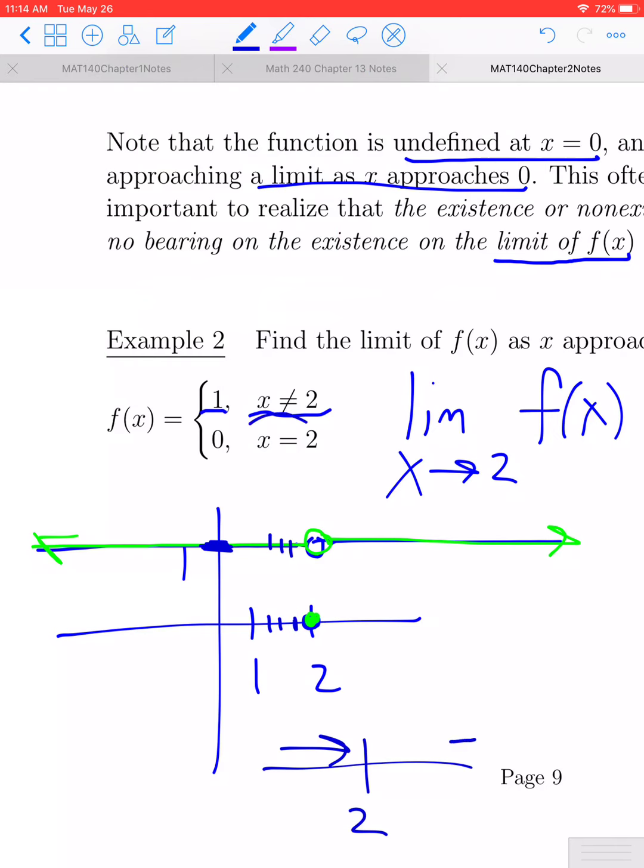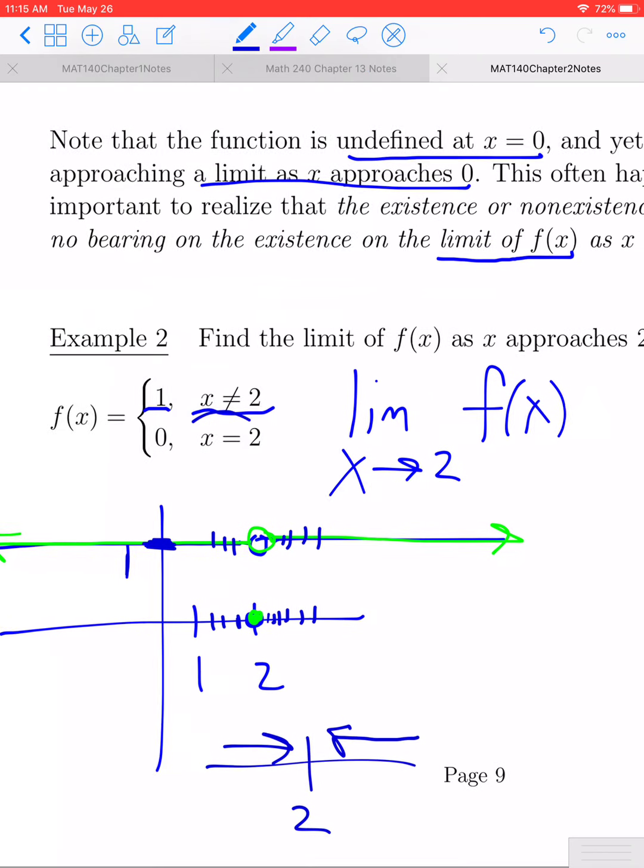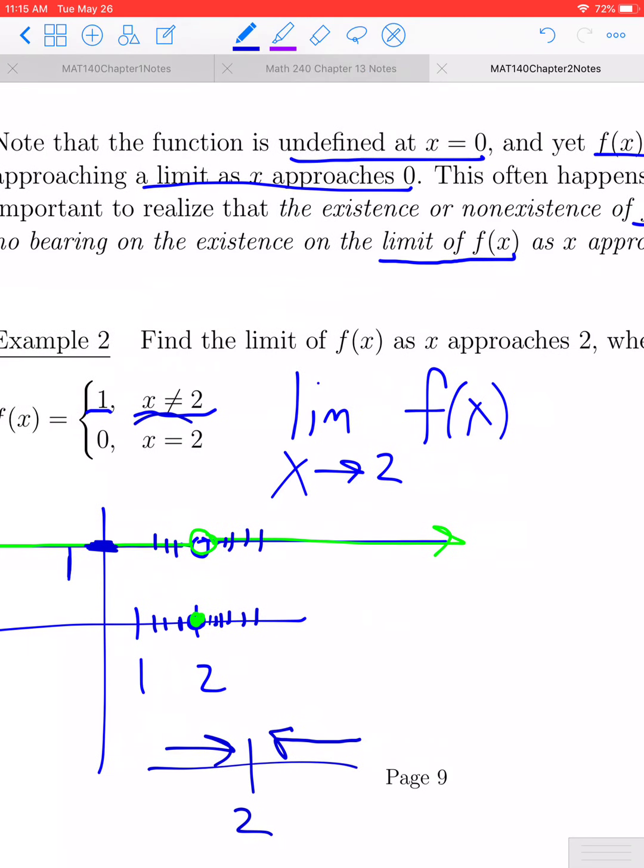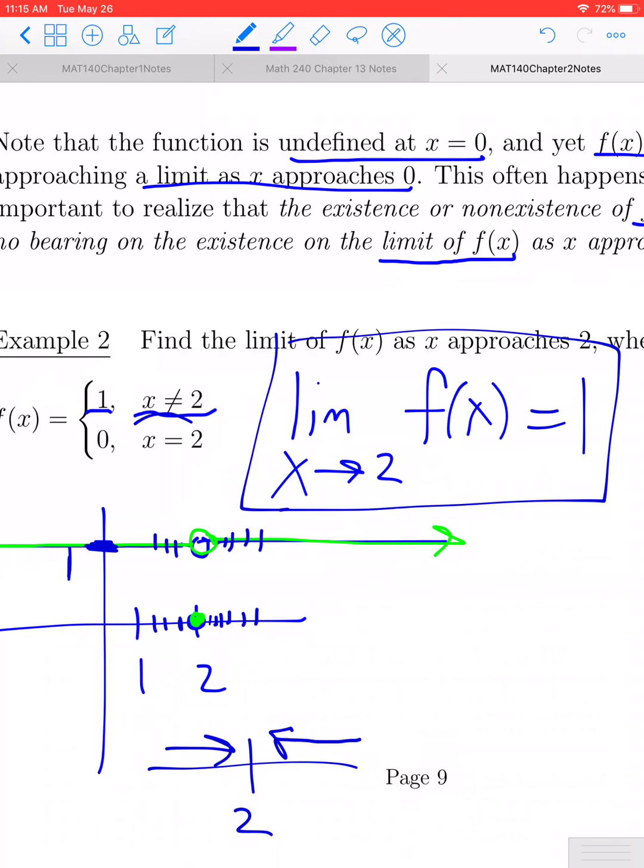And similarly, if we approach 2 coming in from the right-hand side, if I pick some sequences of values getting closer and closer to 2, we're still getting that same consistent output of 1. So we would say that the limit as x approaches 2 of f of x is equal to 1, because that's how the function is behaving nearby x equals 2.